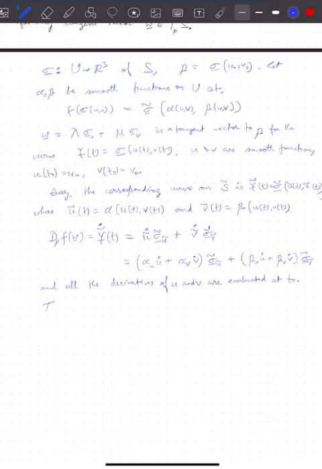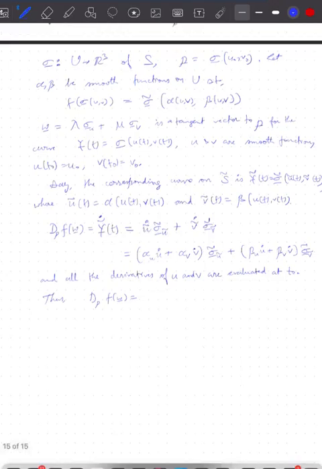Okay, so thus we have dp f of w vector equal to alpha_u u dot plus alpha_v v dot, where u dot is given by lambda and v dot is given by mu.